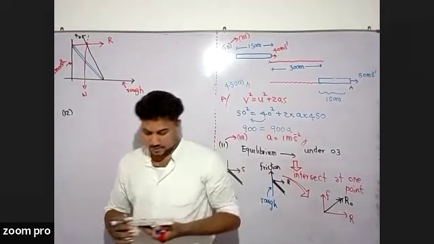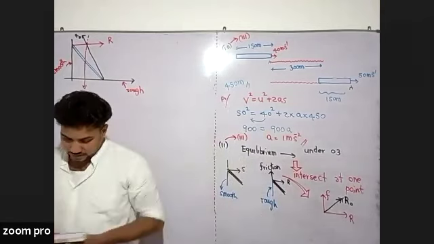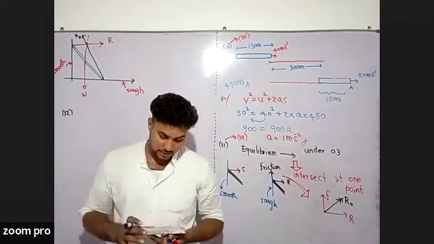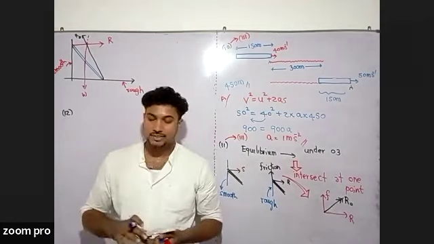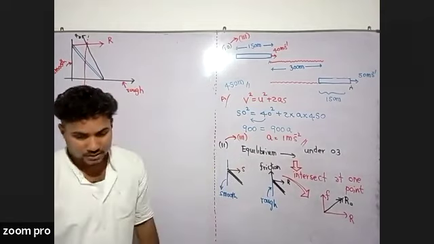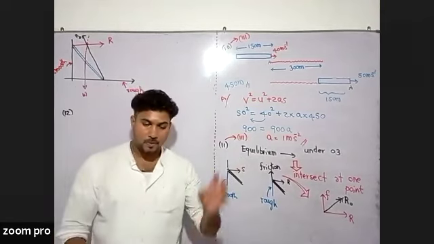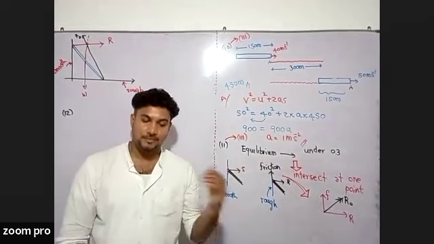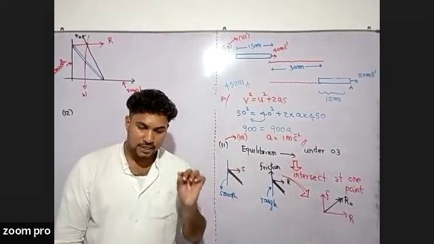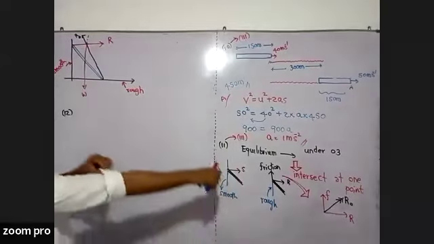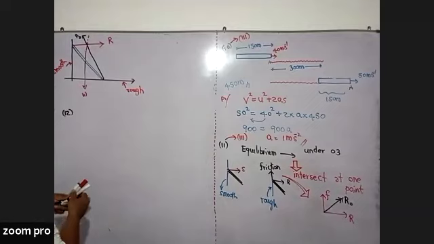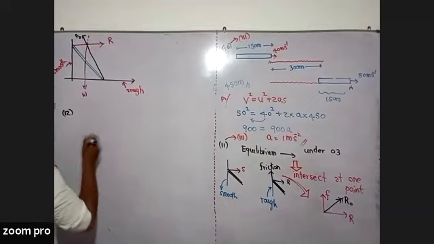The correct statement is, now each statement gives the forces exerted on the seventh coin, right? So I think the main coin concerned here is the seventh coin. So let's find out the forces exerted on the seventh coin. Before going to the question, I'd like to draw a simple diagram like this.